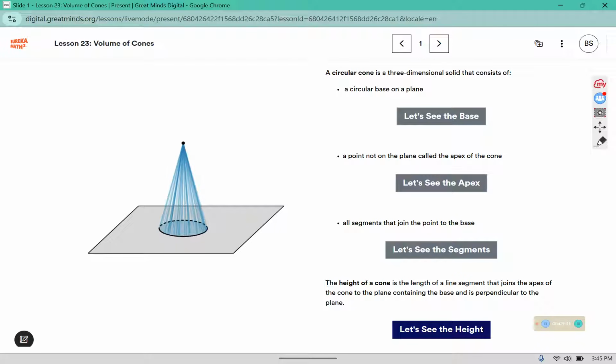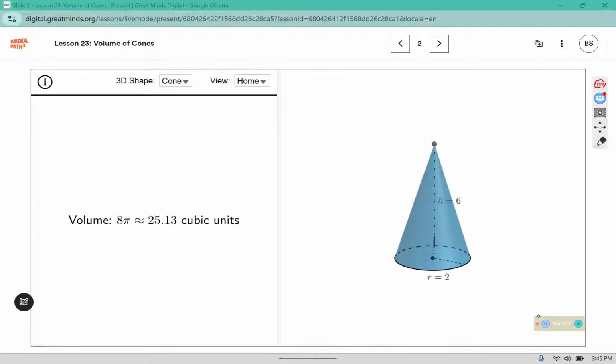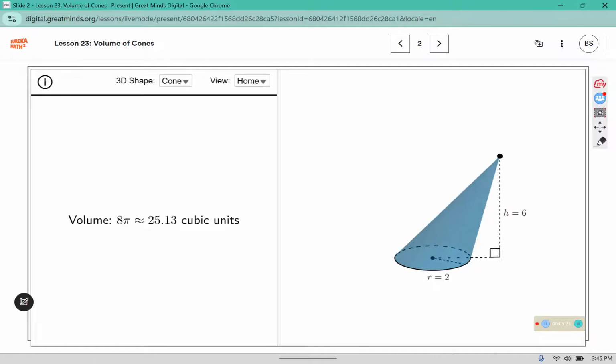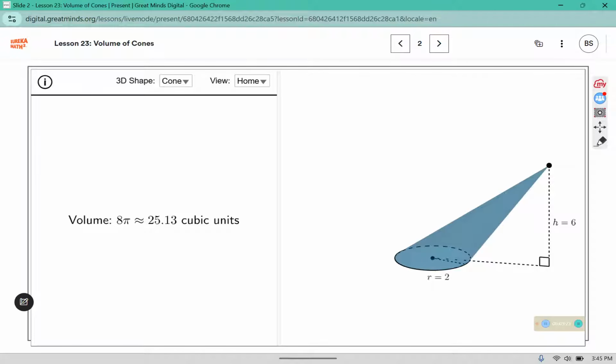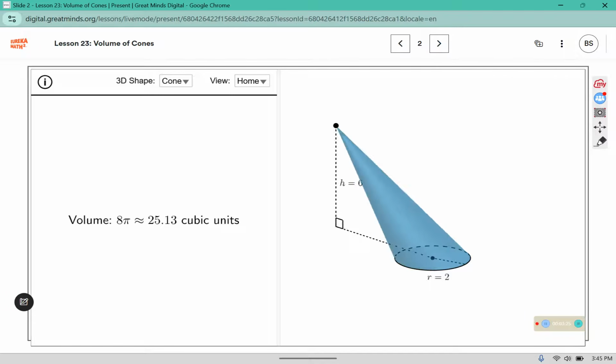The height of a cone is the length of the segment that joins the apex of the cone to the plane containing the base and is perpendicular to the plane. Here I have a cone with a radius of 2 and a height of 6. If I make this an oblique cone, you can see that the volume does not change.